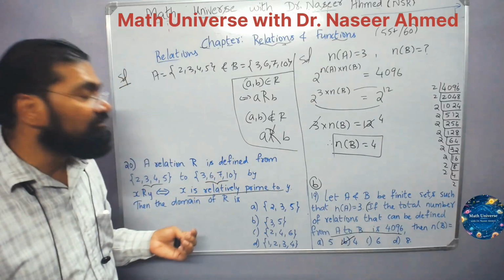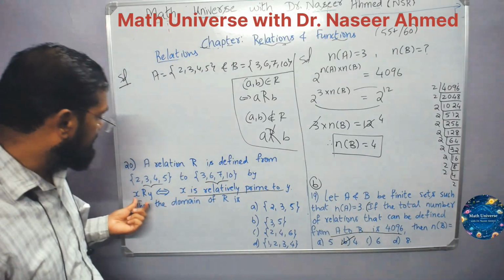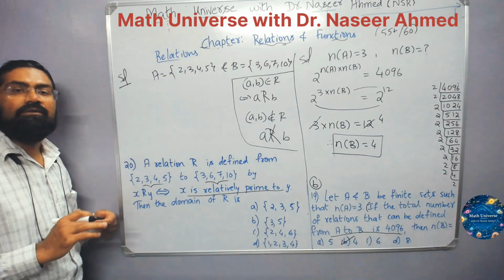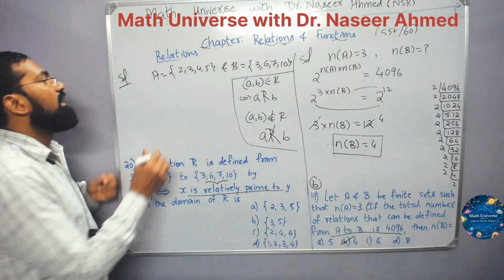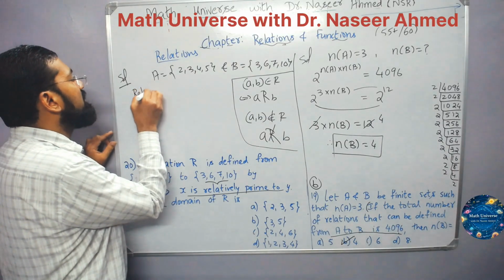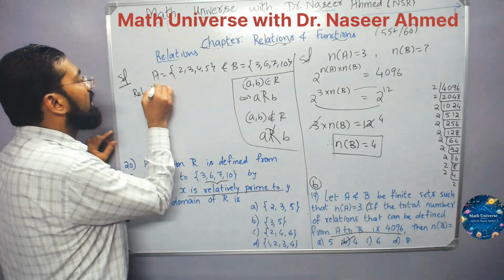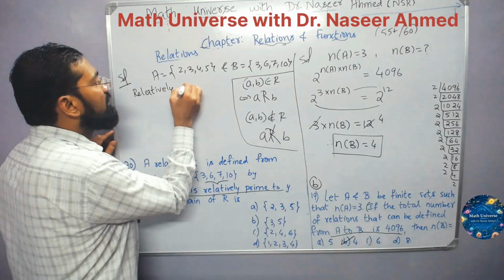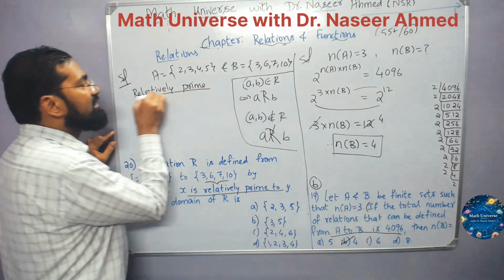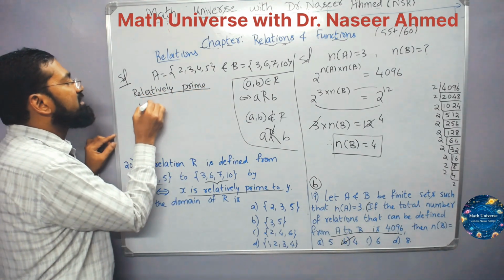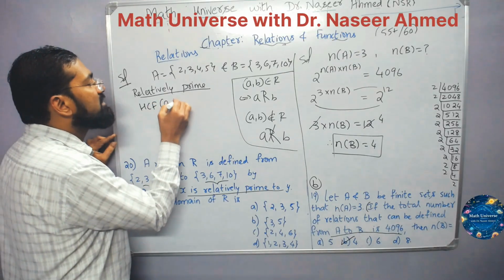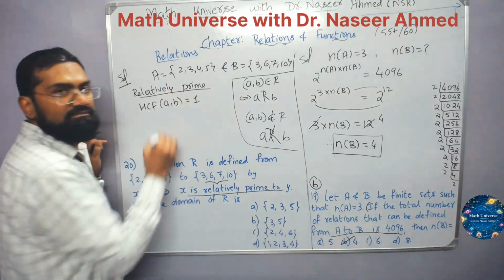What do you mean by relatively prime? If I have two numbers, neither should divide the other. An easy way to check is that the GCD or HCF of those two numbers should be 1.